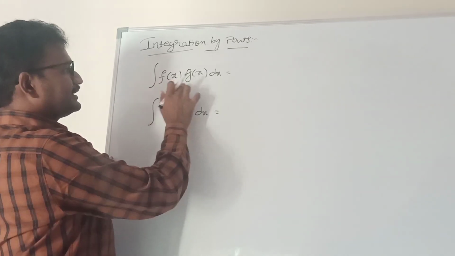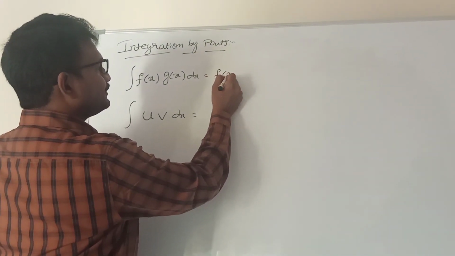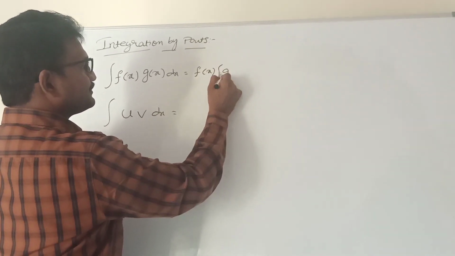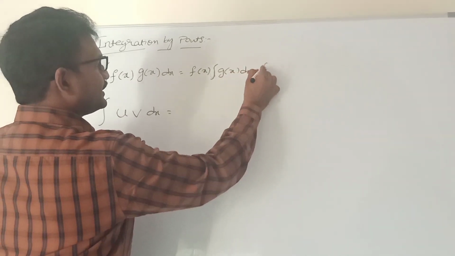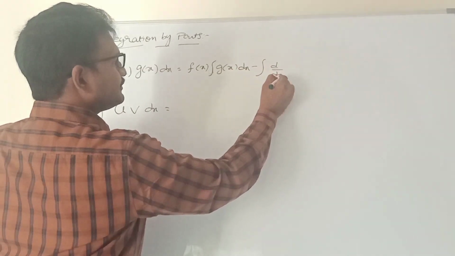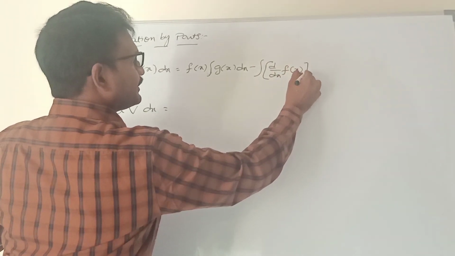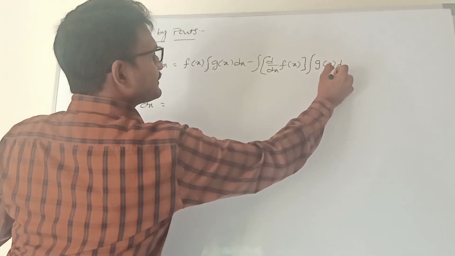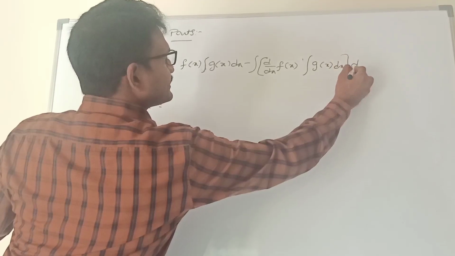So the integration of f of x into g of x means f of x into the integral of g of x dx, minus the integral of the derivative of f of x into the integral of g of x dx, whole dx.